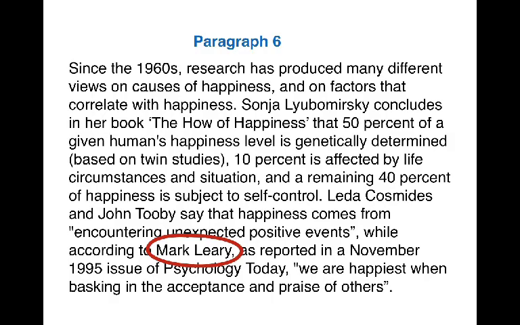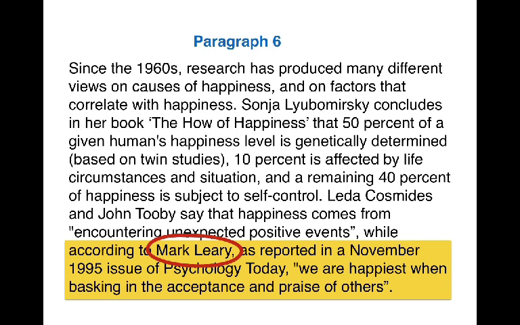So there he is in paragraph 6, and the information about him is just this part. You should see that everything before the lines highlighted in yellow is about different people. We've got Leda Cosmides and John Tooby. That's nothing to do with Mark Leary.